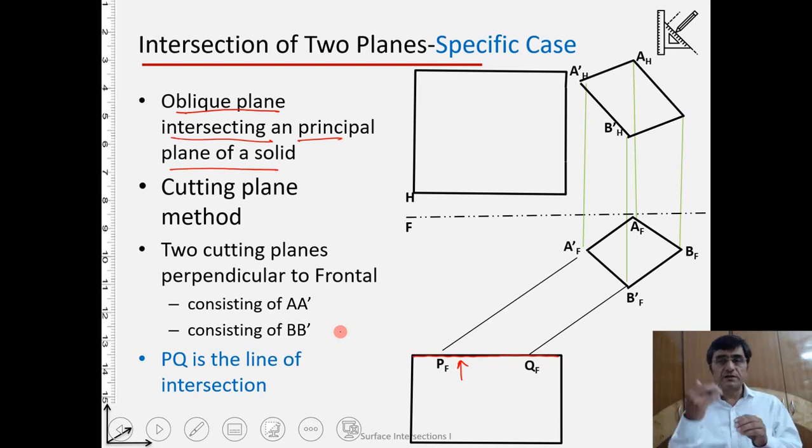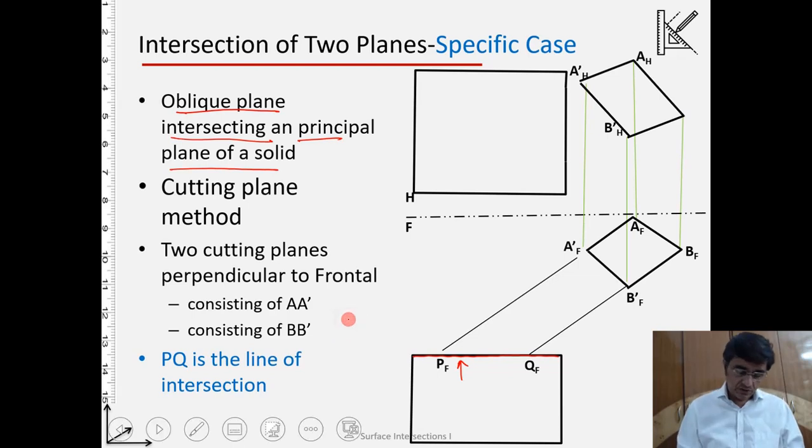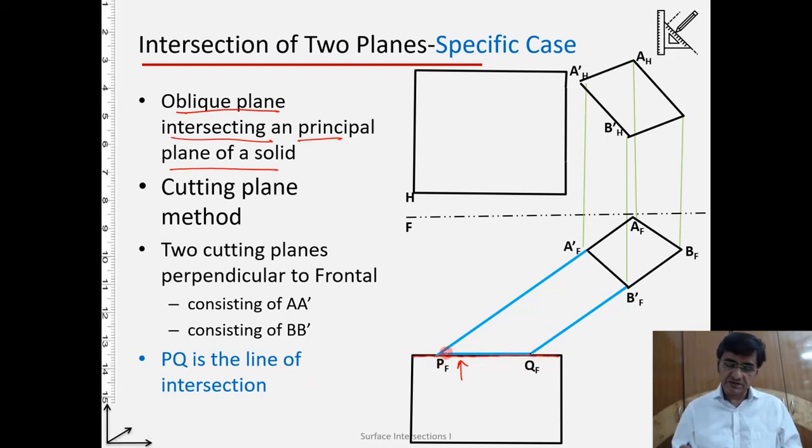So PF and the other point behind the PF means we had done earlier, XF and WF, similar to that. Alright, so if I take it up, here PQ will be the frontal projection of the line of intersection. Now where this line of intersection is lying onto this, we do not know yet. We will be identifying that.